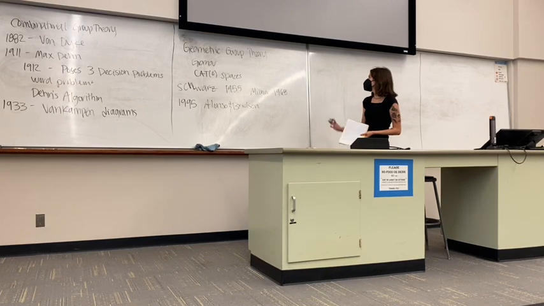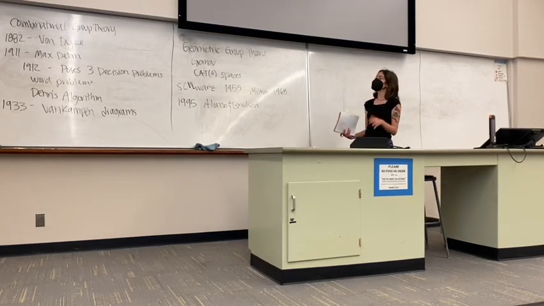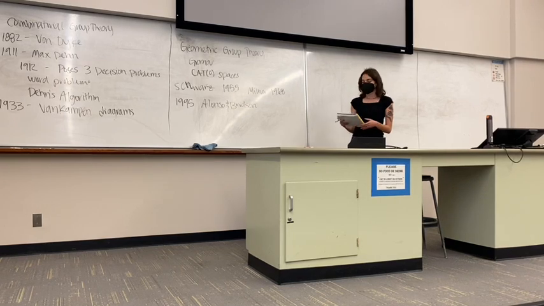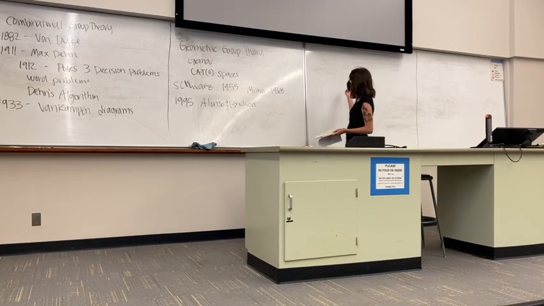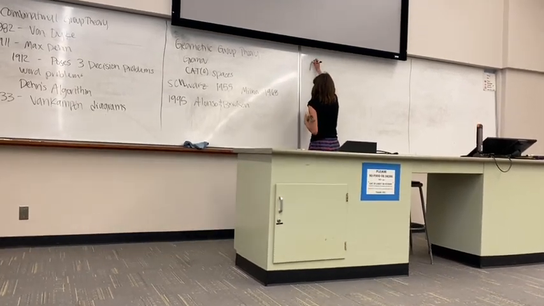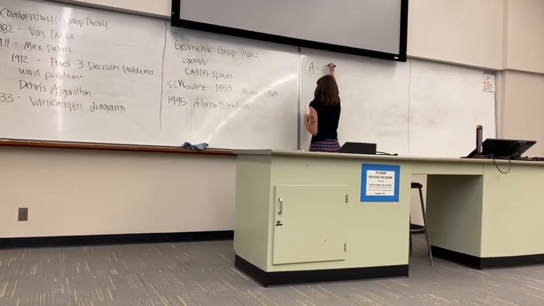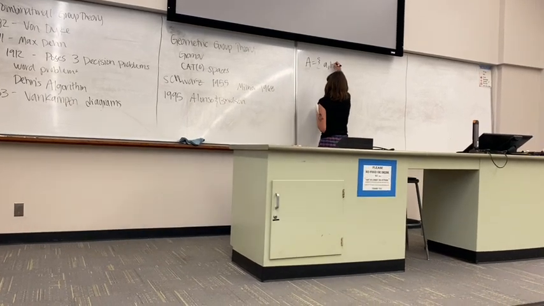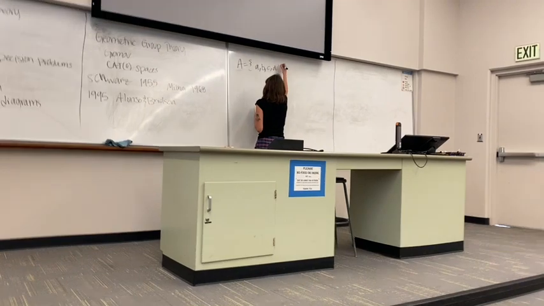Now that we have a little bit of background, we need to build up the notion of a free group in order to understand exactly what the word problem is. To build up the idea of a free group, we start with a set A, which today we're going to say is just a, b, c, d.